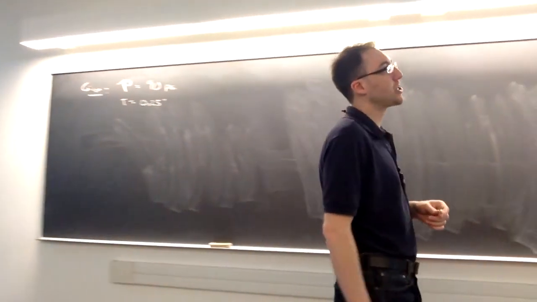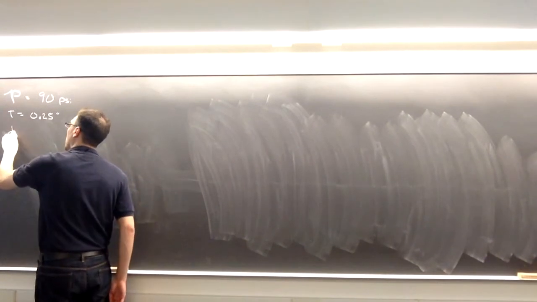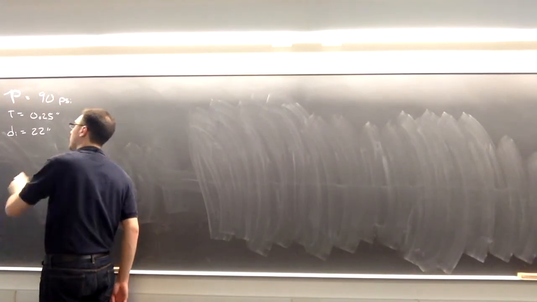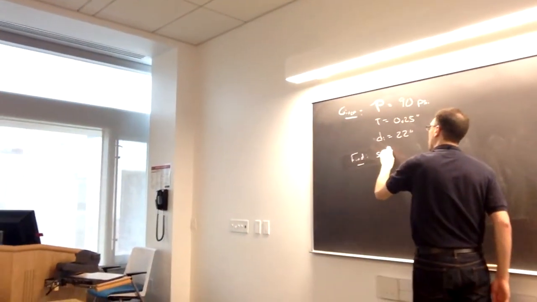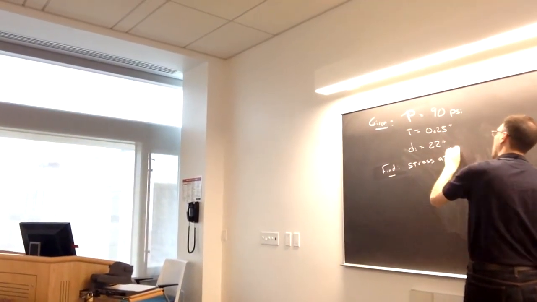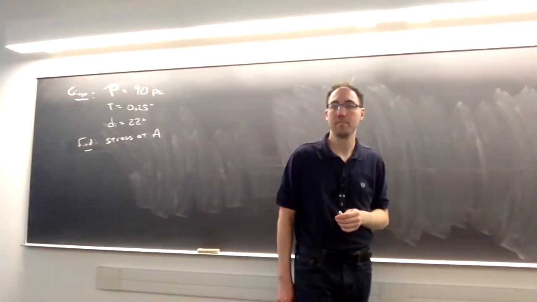And we're given here the internal diameter of the tank is 22 inches. And we want to draw the stress state at A.